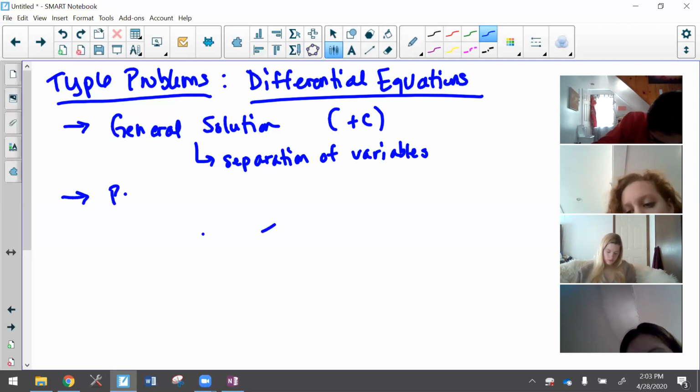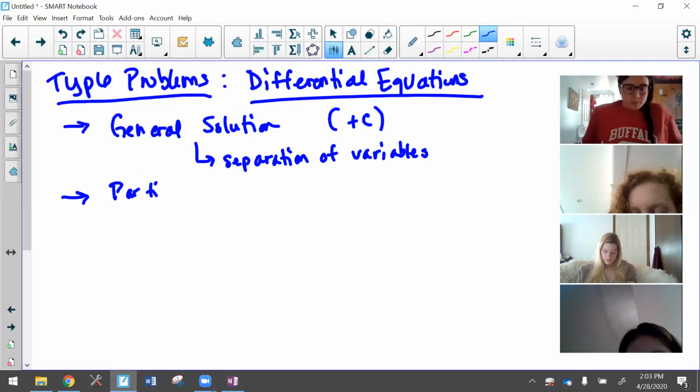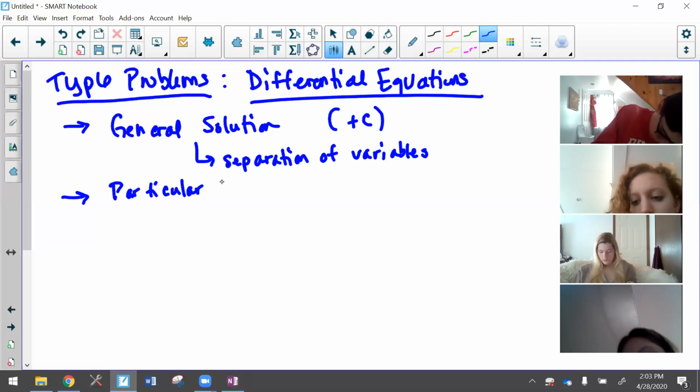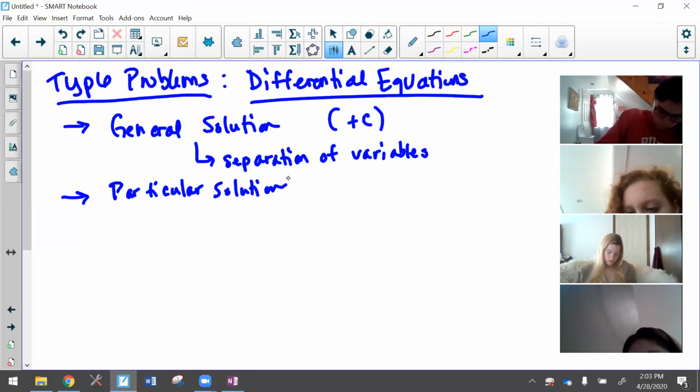You might also be asked to find the particular solution. Now, I often talk about the general solution as being like a whole bunch of concentric curves or parallel curves.